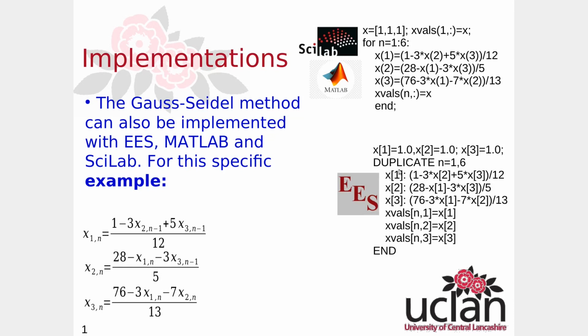So x1 is set, x2 is set, and x3 is set explicitly I should say, and then we duplicate from 1 to 6. x1, x2, x3 are then computed from the formulae we just derived, and then we have an xvals which we just update with each of the values in the xvals array.